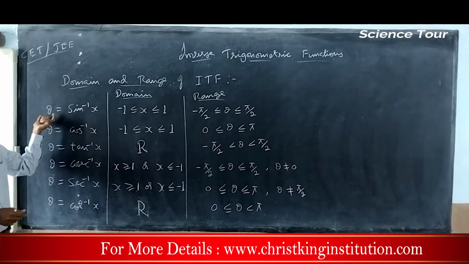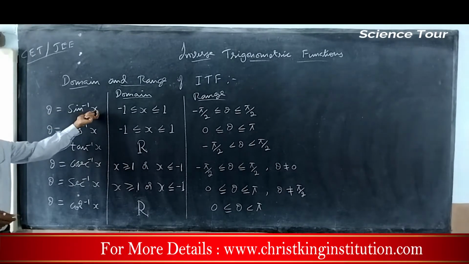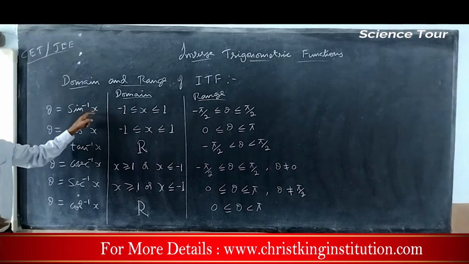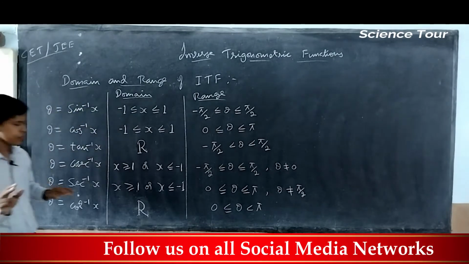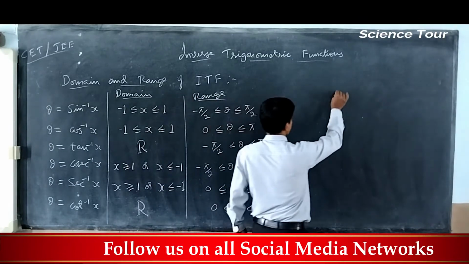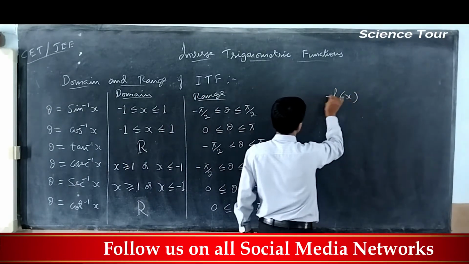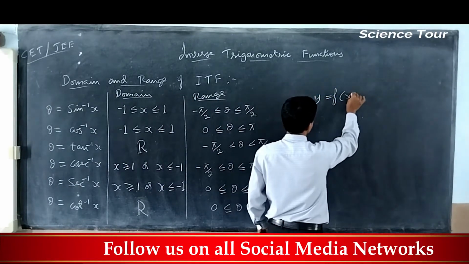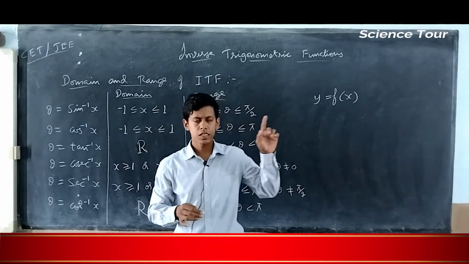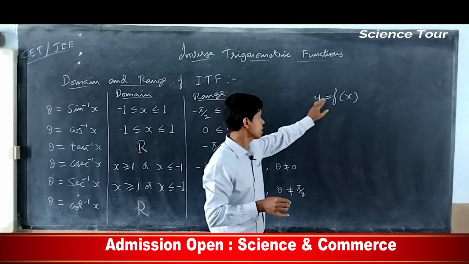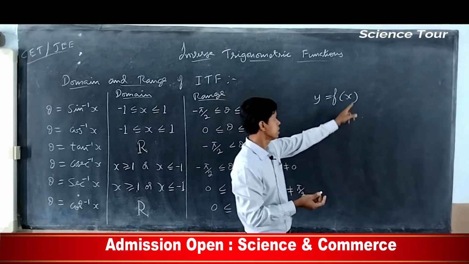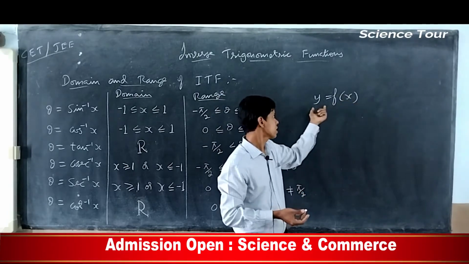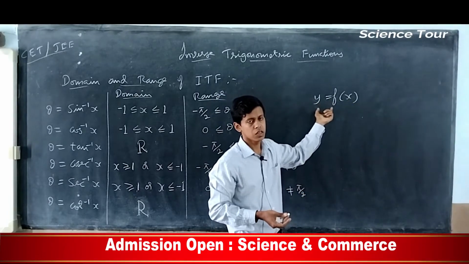If theta is equal to sine inverse x, the x values are called the domain values, correct? If you want this in the right perspective, if y is equal to f of x, then these values are domain values and these are the range values.